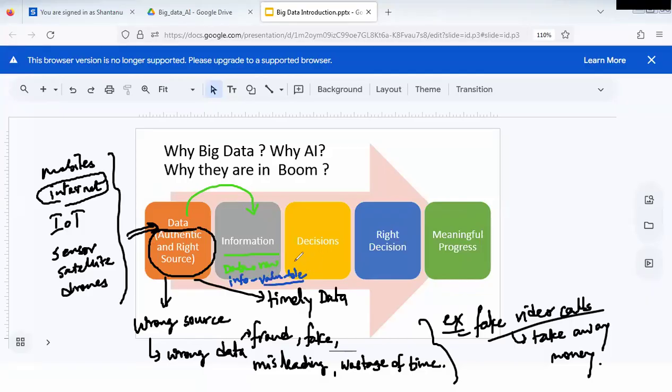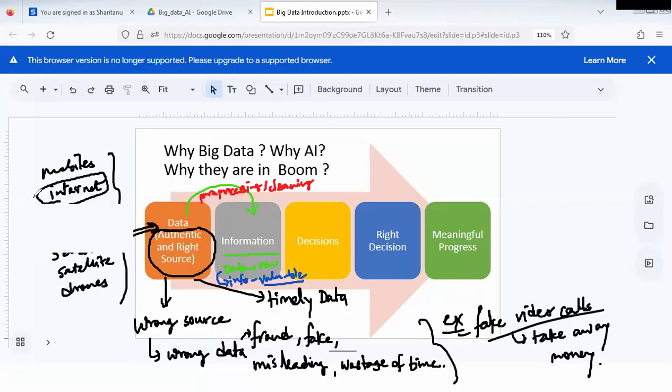So we need to convert this raw data into information by using some kind of cleaning, pre-processing. So basically in this case, we need to have pre-processing, or you can say cleaning. All these kinds of things we do, and then we convert the raw data into valuable information.